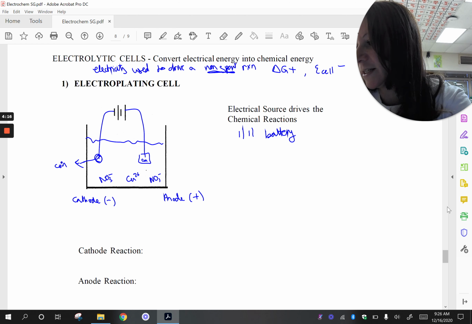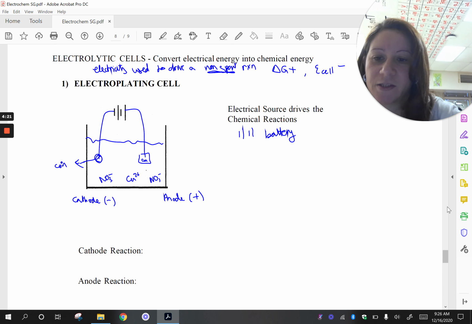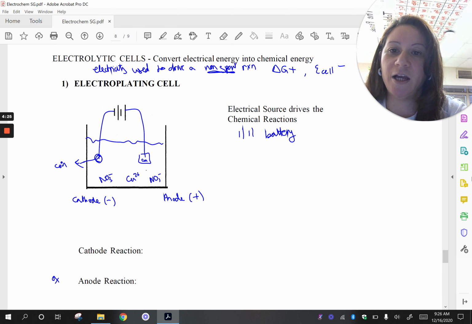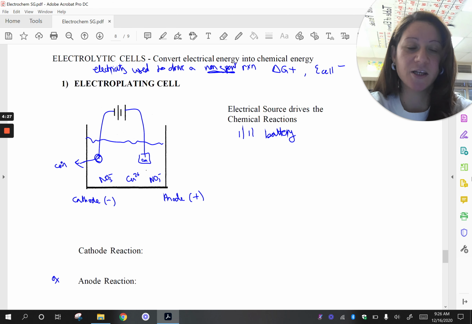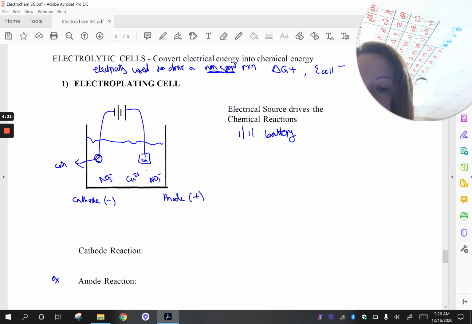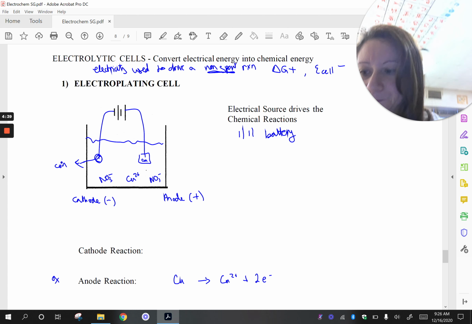What's going to happen at the anode, since this is oxidation, is that my copper will get oxidized. Let's write the reaction for copper being oxidized. Copper would go from neutral copper to copper 2+, and it would lose 2 electrons.